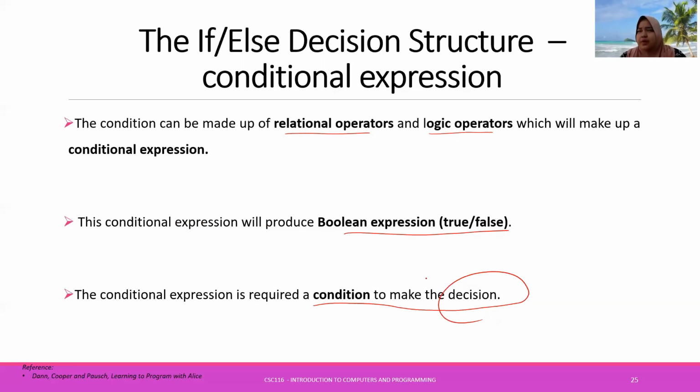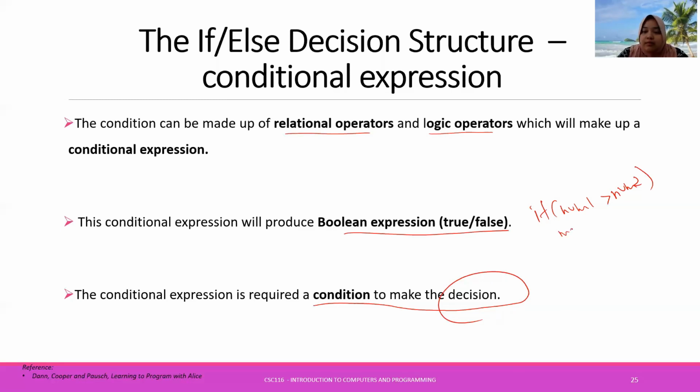Nak condition apa? Untuk mencari nombor besar, dua nombor besar, apa condition dia? If num1 more than num2, so apa? The biggest number is num1. For example, itu contoh yang sebenarnya you dah pernah buat benda ni. Contohnya macam ni. If num1 more than num2, kita nak tengok mana satu nombor besar antara nombor 1 dan nombor 2, yang mana satu nombor besar.